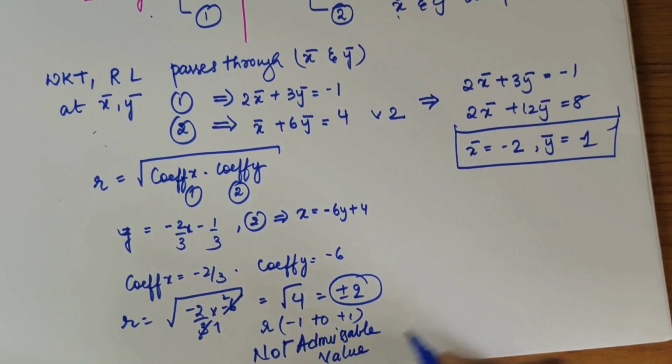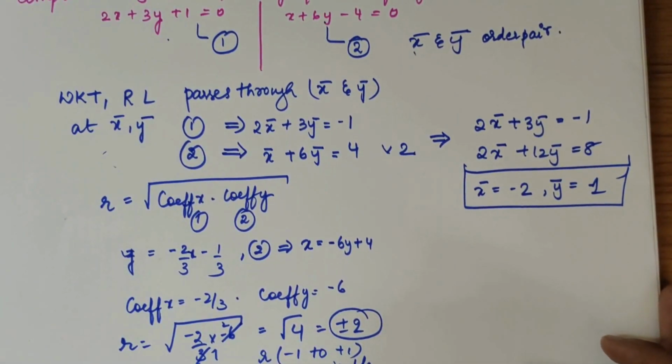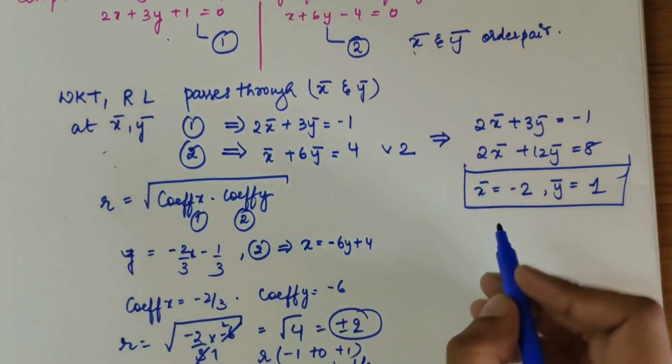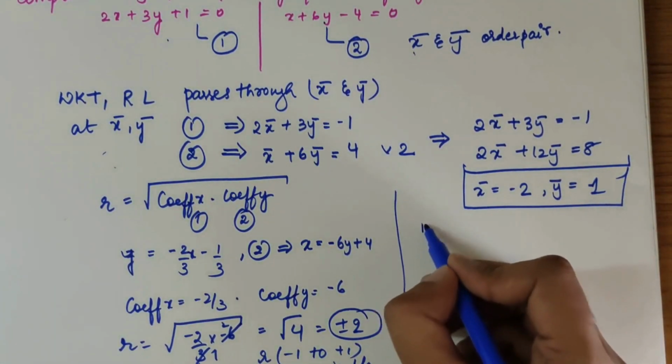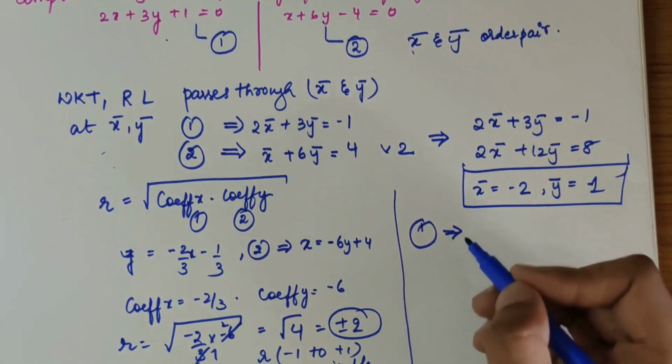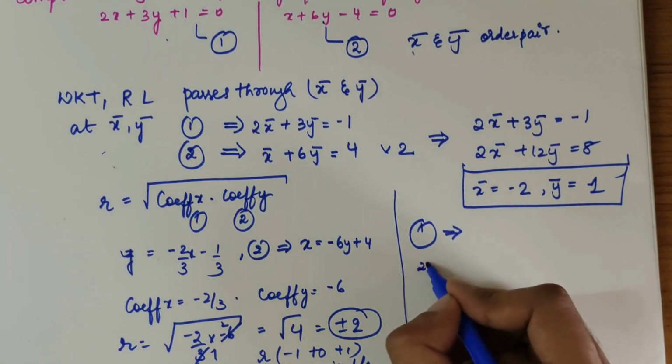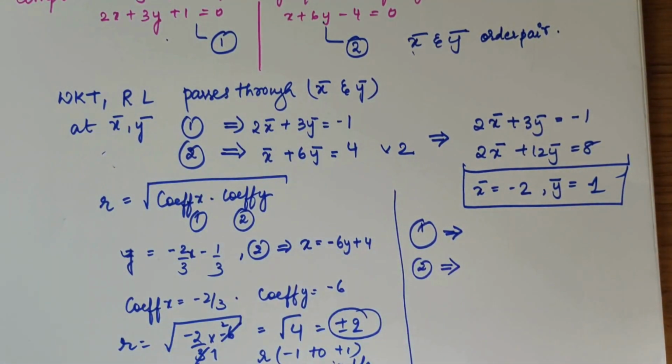Not an admissible value. So in this case, what we'll do, we'll shift the values: from the first equation we'll take the coefficient of y, and from the second equation we'll take the coefficient of x.